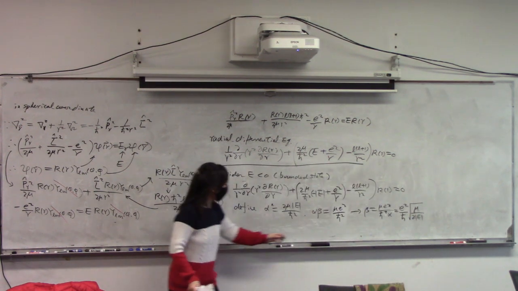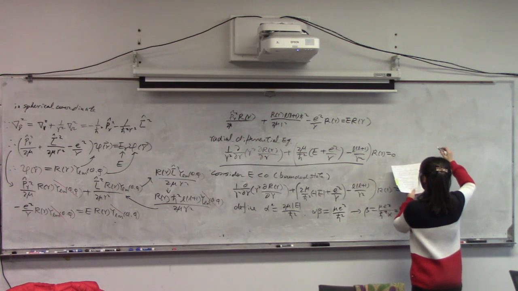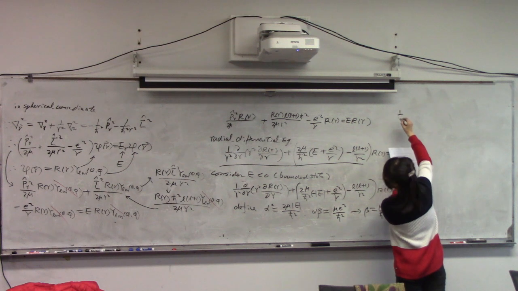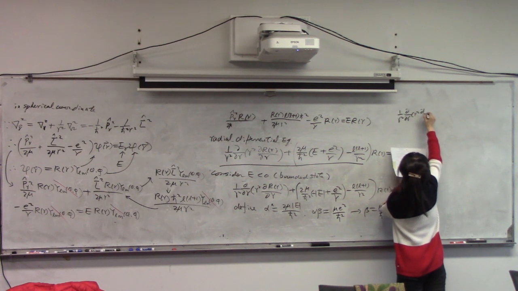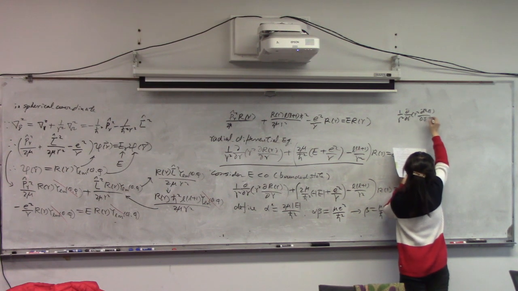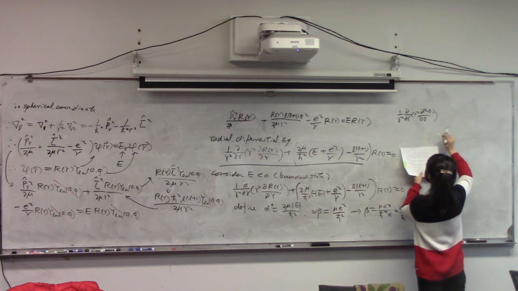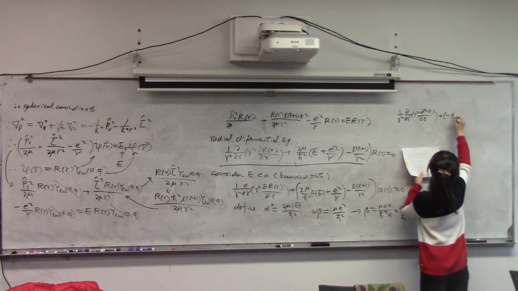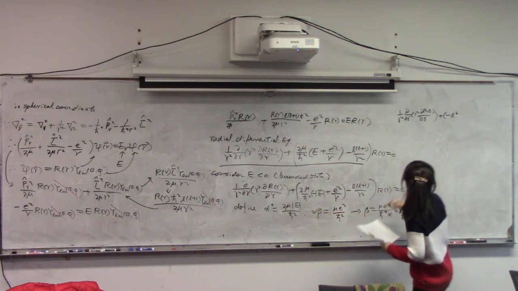So in this way, now I can rewrite this one. The first term I still keep here, 1 over r squared. The second term is minus alpha squared, right? The first term we have minus alpha squared.